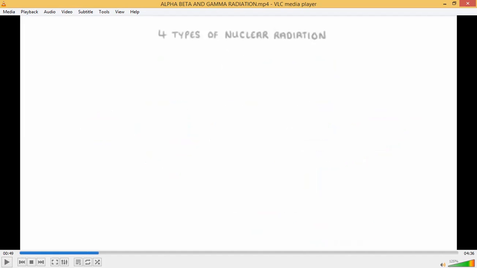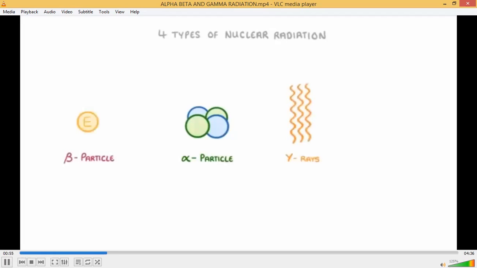Now, this is exactly where we're going: types of nuclear radiation. Okay, number one, alpha radiation. You've gotten this, right? No, please wait.